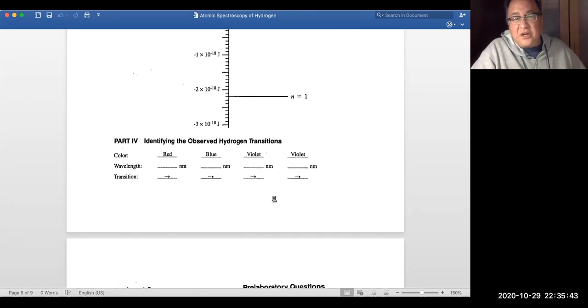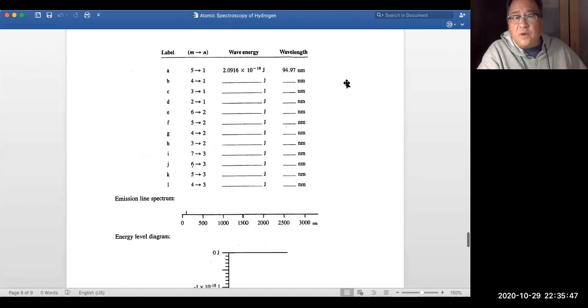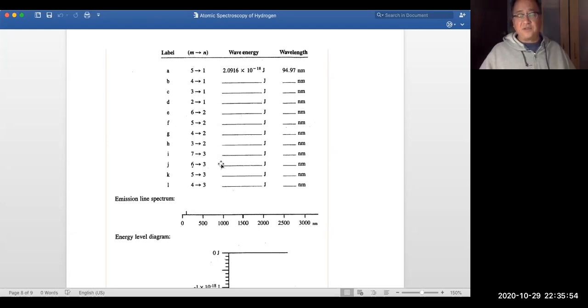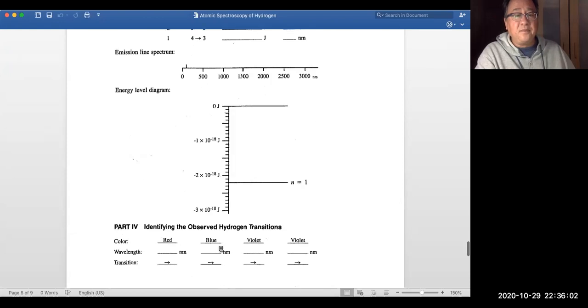That should really be indigo, and then the other violet. And so what we do is we look up these wavelengths here, and we look at which ones are visible light. Okay, and then once we identify the visible light ones, we're going to say, well, which one of those is red? And then we could identify the transition, which is here, the M to N part.